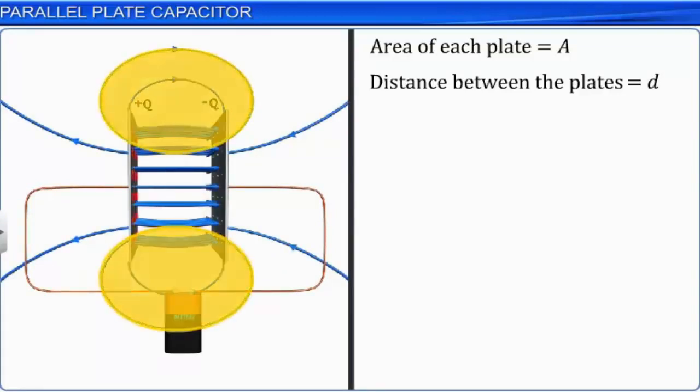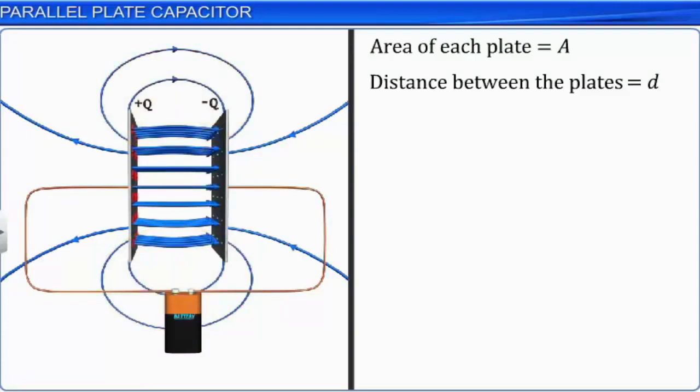Towards the edges of the plates, we observe fringing in the electric field. That is, the field is non-uniform when the plates of the capacitor are separated by some distance.